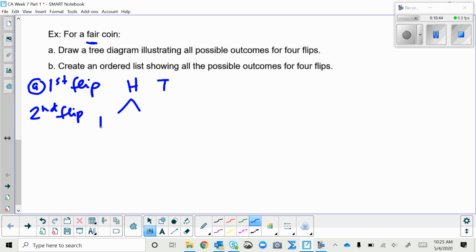You can get either heads or tails next. And assuming you had tails on the first flip, if that was your starting point, after that, you can either get heads or tails. Same thing with the third flip.